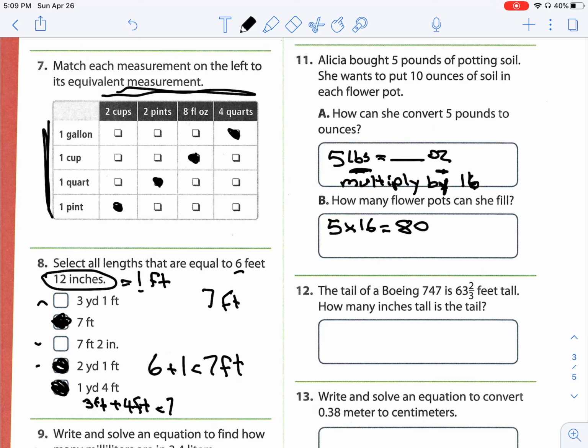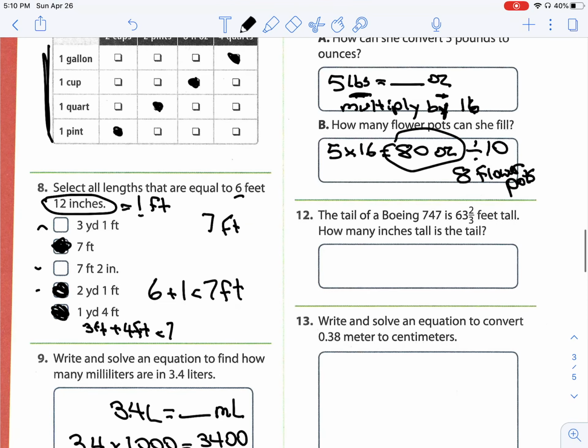So I have 80 ounces. She's going to put 10 ounces in each flower pot. So we're taking the 80 ounces and dividing it by 10 to find out how many flower pots. So that is going to be 8 flower pots. Okay?